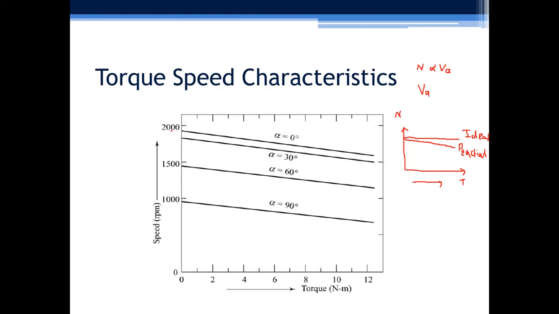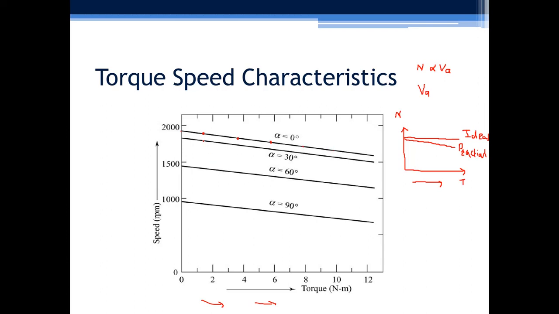So to get maximum speed, let's say here 2000 rpm, we should keep firing angle alpha 0, and as we increase the torque here, there is very low effect on the speed. So we can see that speed is not decreasing drastically. It may decrease by 2 or 3%.